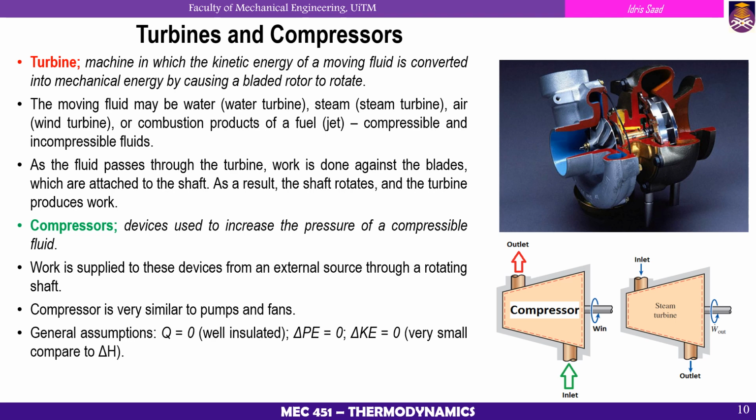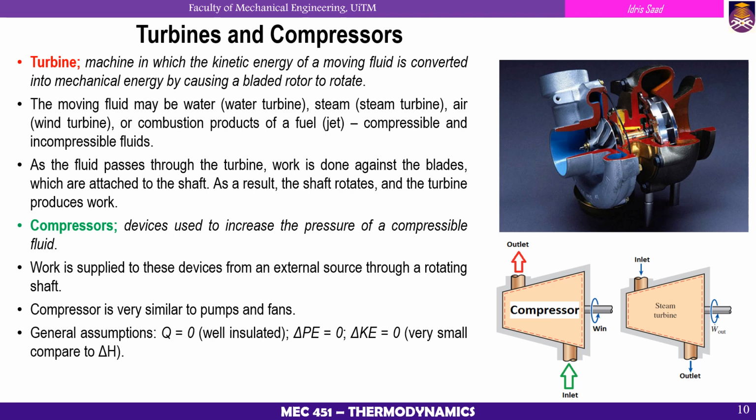The moving fluid for a turbine may be water, which we call a water turbine, or steam, a steam turbine, or air, a wind turbine, or combustible products of the fuel, which we call a jet. In general, the turbine can be used with both compressible and incompressible fluid.